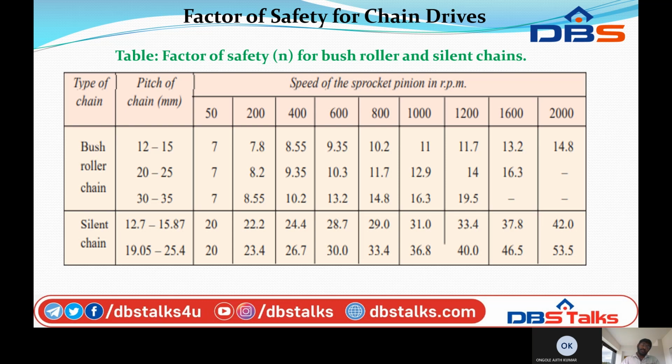Next one is 19.05 to 25.4: 20, 23.4, 26.7, 30, 33.4, 36.8, 40, 46.5, 53.5. So these are the factor of safety for bush roller and silent chains.